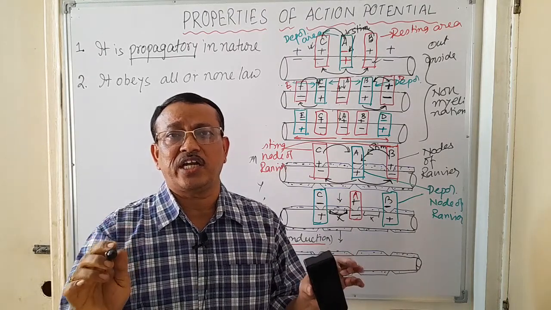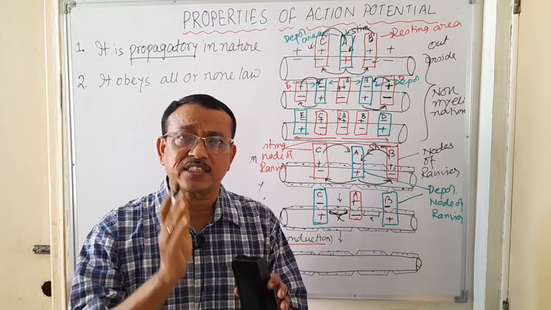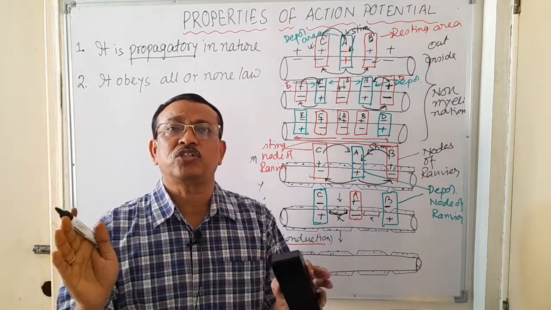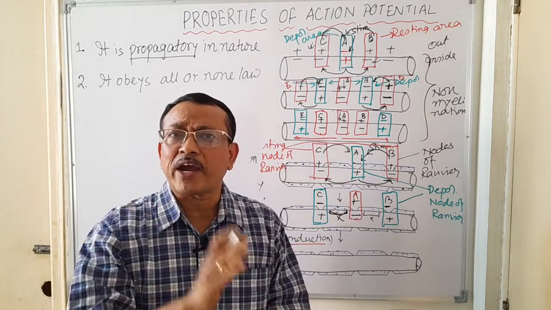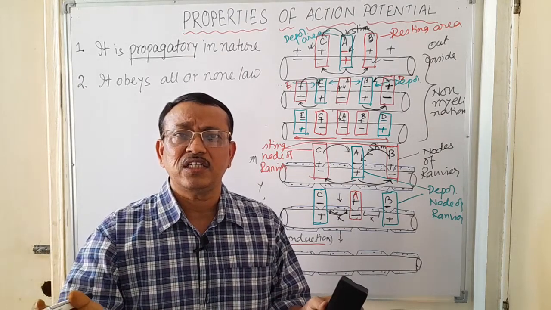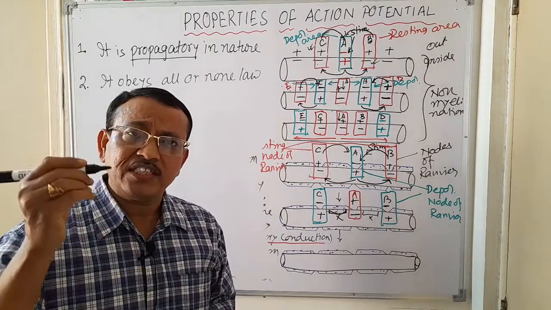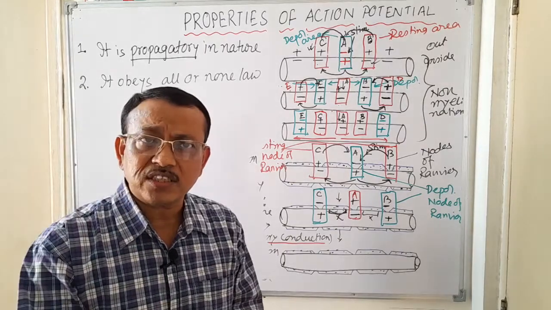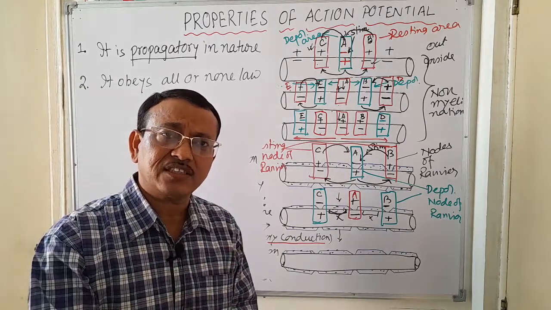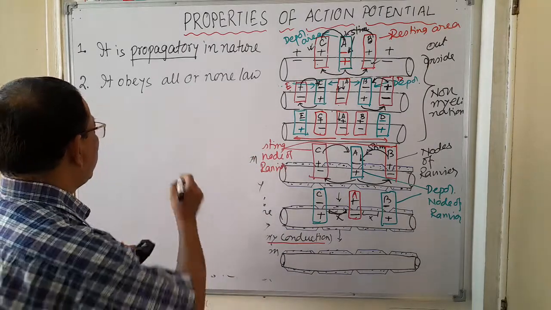If we increase the strength of the stimulus, the action potential will not be further more in magnitude, more in height. And you know that action potential is generated only because of the threshold stimulus, as I told in the earlier videos. So let us explain these things.